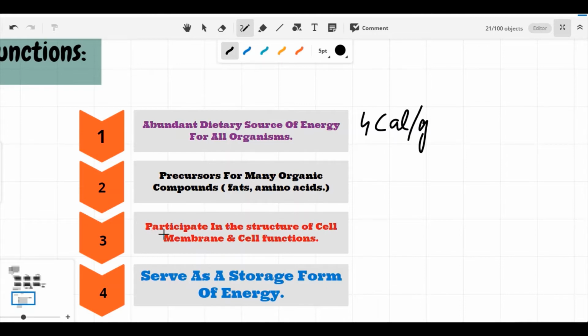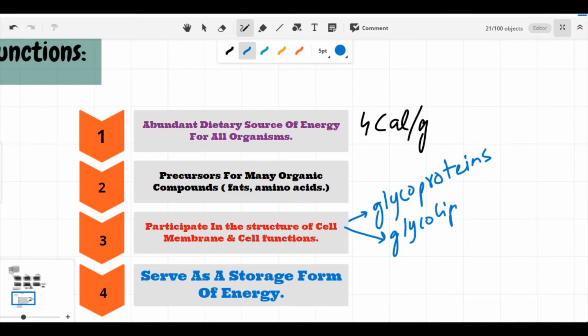The next one is that carbohydrates participate in the structure of the cell membrane and in cell function, because from the structural point of view, glycoproteins and glycolipids participate in the structure of the cell membrane and in cell functions, like participating in growth.